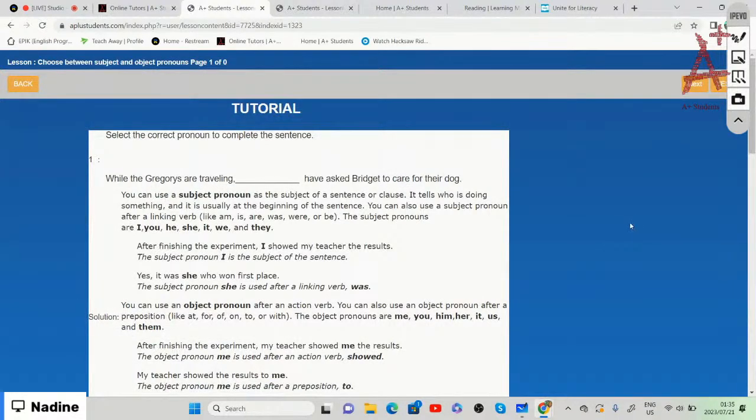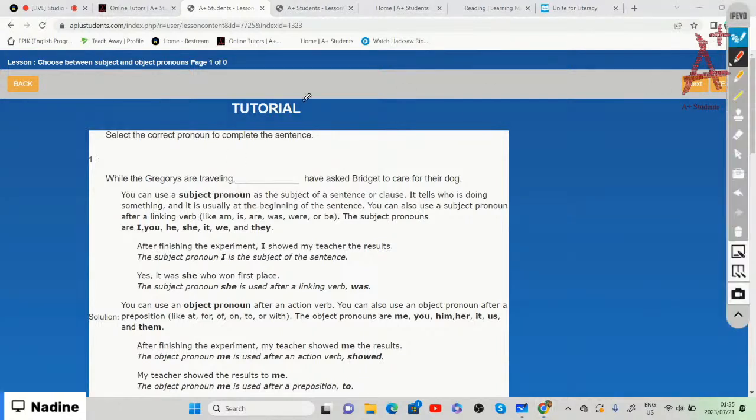All right, you can use a subject pronoun as a subject of a sentence or clause, right? It tells who is doing something.